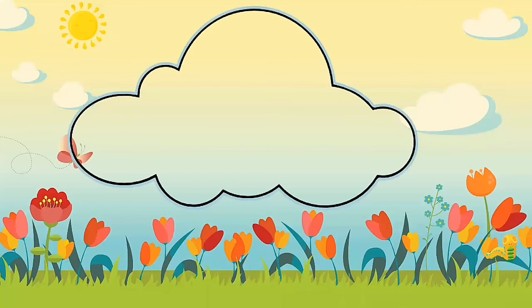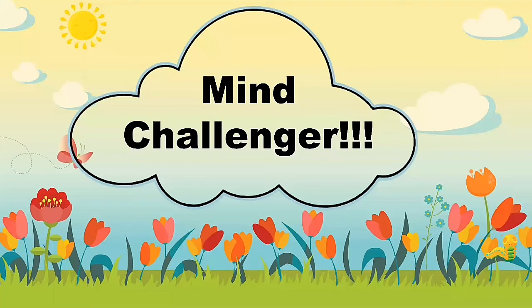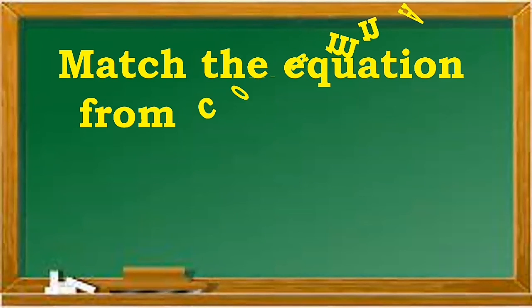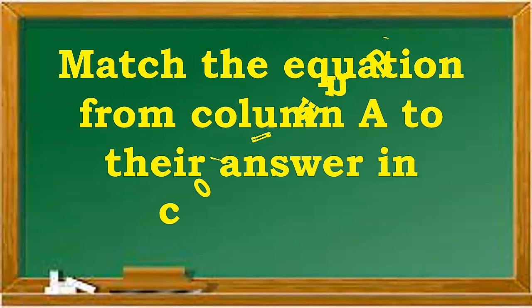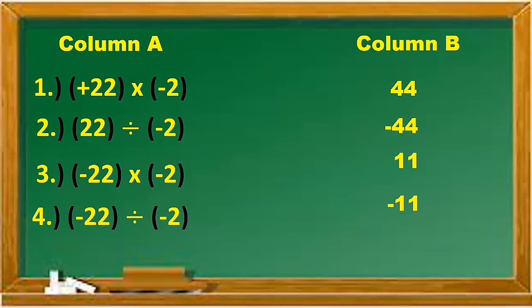Okay, let's have the mind challenger. From this one, you are going to match the equation from column A to their answer in column B. We have number 1, positive 22 times negative 2.